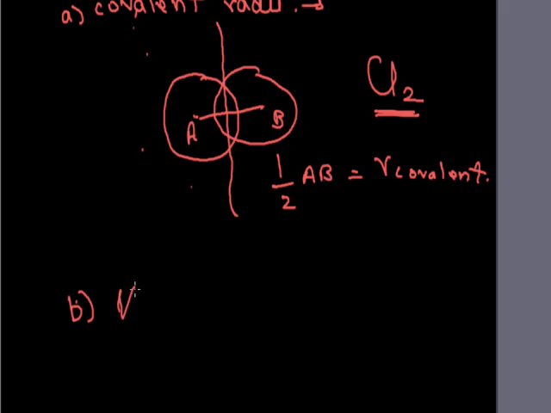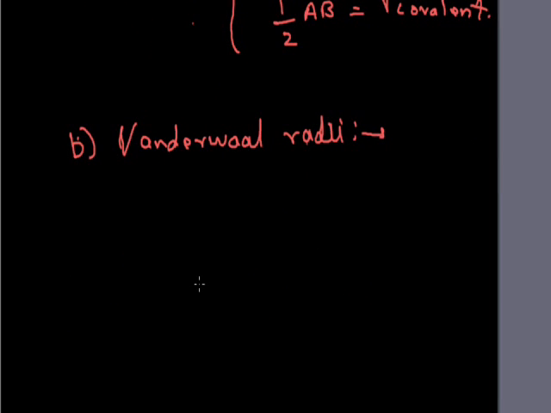Second, we will be discussing van der Waals radii. Now it is half of the internuclear distance between two adjacent atoms of the same element belonging to two nearest neighboring molecules of the same substance. Means what? In the upper case we were considering the distance between the nuclei of two chlorine atoms.